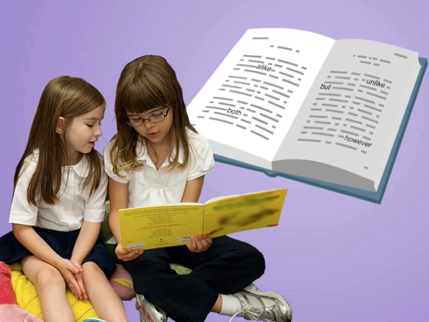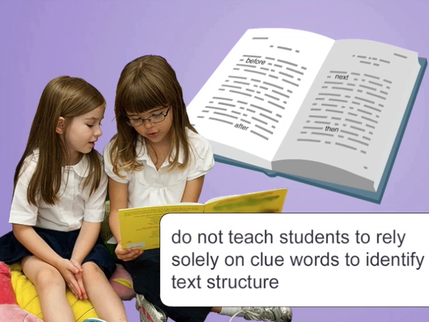Words such as alike, unlike, both, but, and however can signal a compare and contrast text, while before, after, next, and then can indicate a sequence of events text.